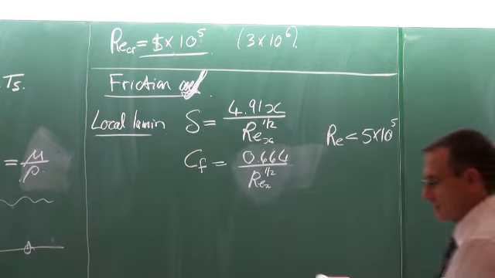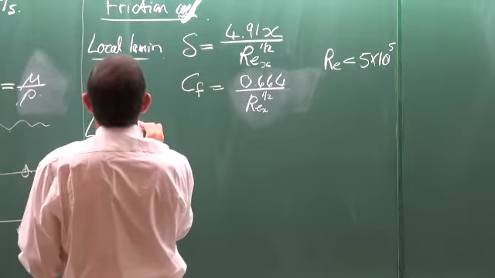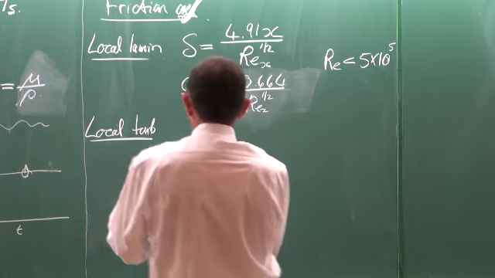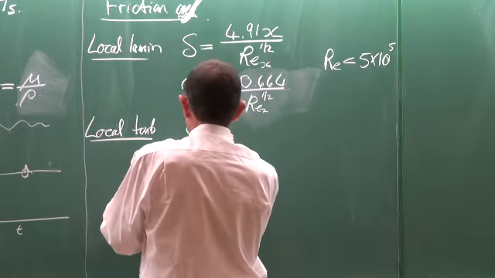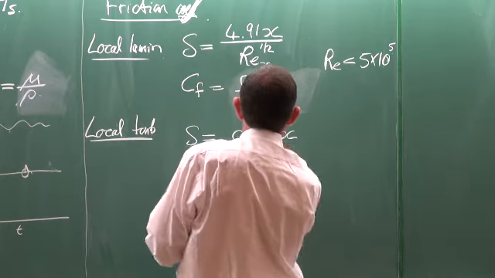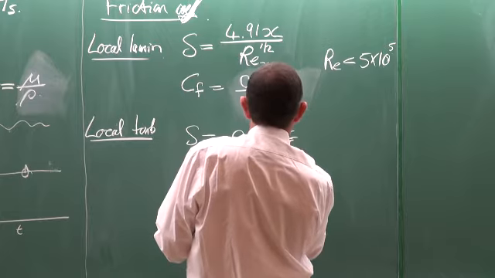For turbulent flow, again take note, local values, the local turbulent boundary layer thickness is equal to 0.38 times x divided by Reynolds x to the 5th.